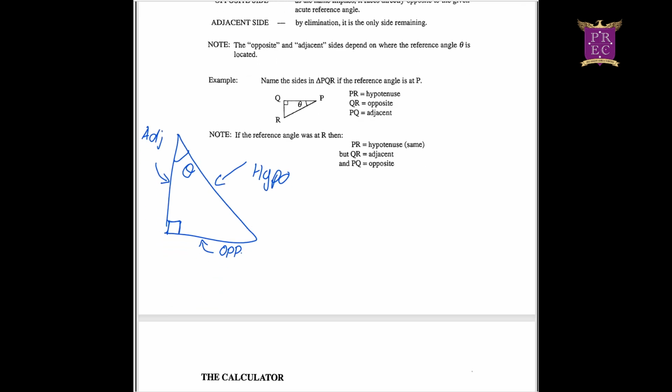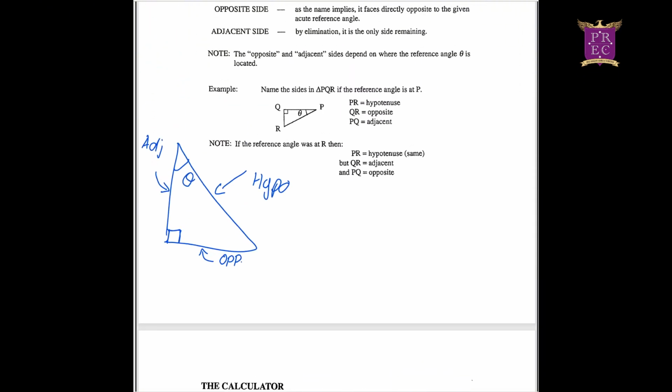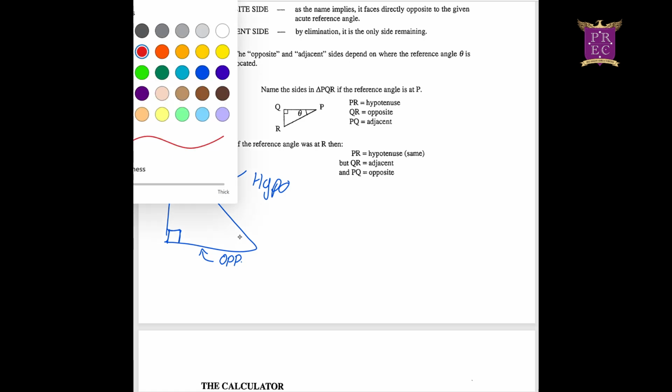Okay, let's have a look. And remember, the sides change according to the reference angle. So for example, if the reference angle was alpha, let's put that in a different color so that you guys can identify the difference. Let's do red.